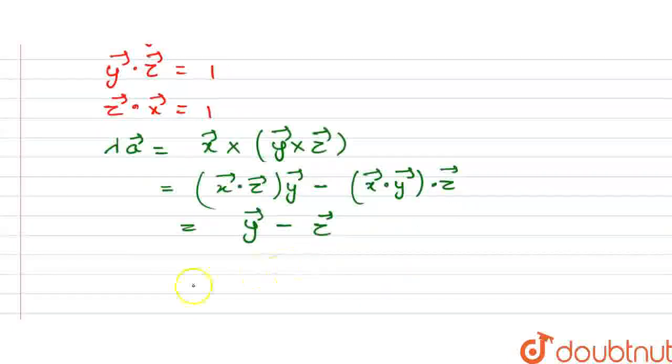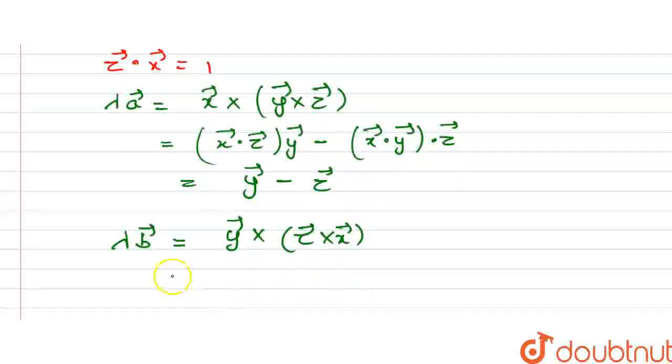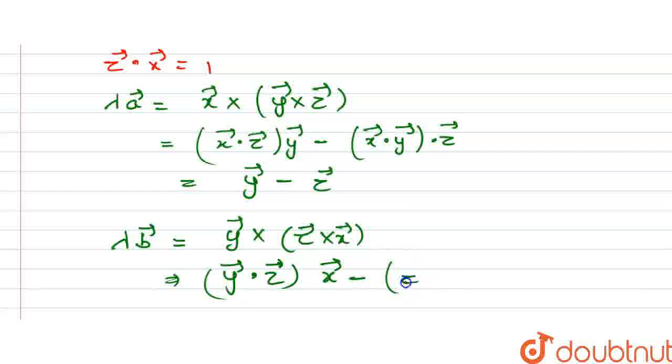So similarly we can find lambda b vector equals to y cross z cross x. So this will equal to (y vector dot x vector) into z vector minus (z vector dot x vector) into y vector here.